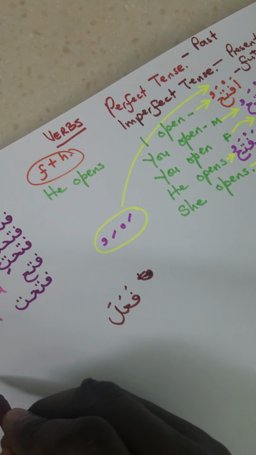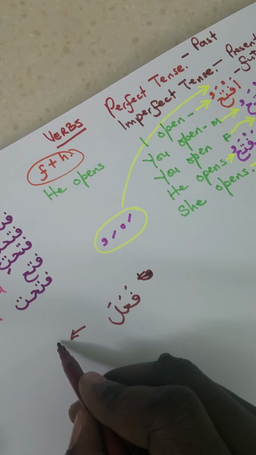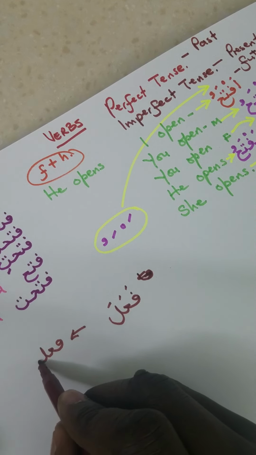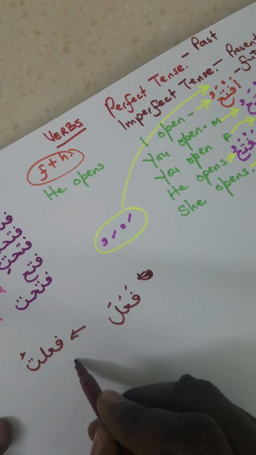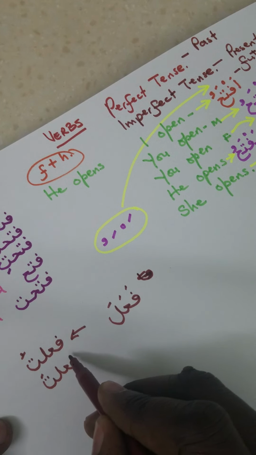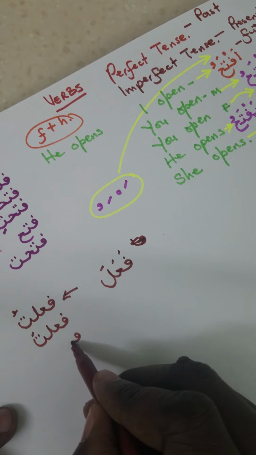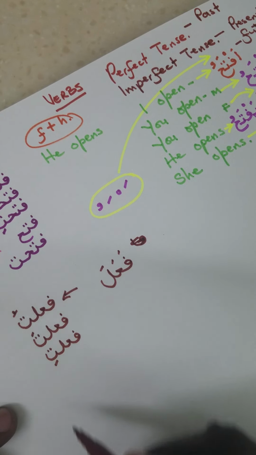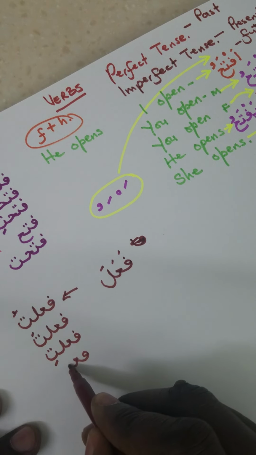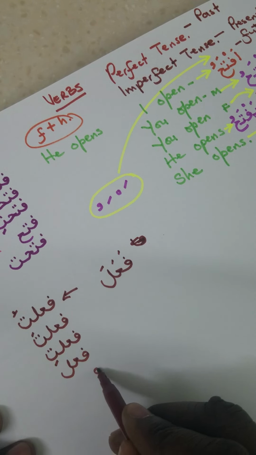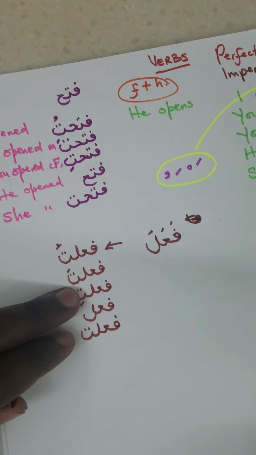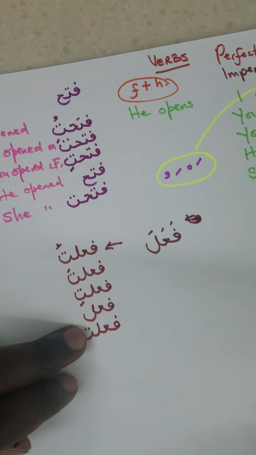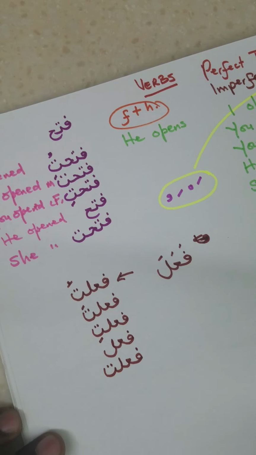So we can have variations like fa'altu, we can have fa'alta, we can have fa'alti, then we have fa'ala and fa'alat. So when you look at this, this is I do, you do for female, he does, and she does. You cannot say she do. No. Okay?